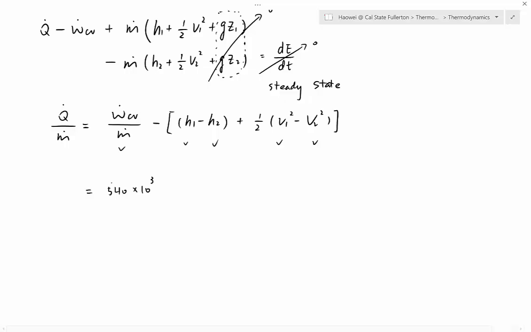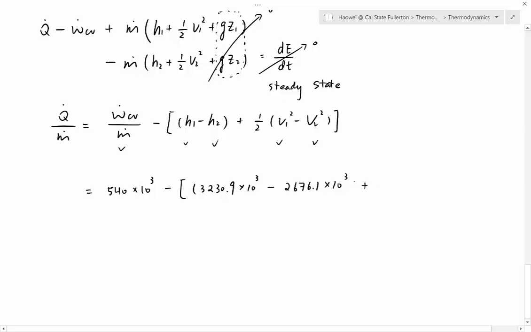Generating work, the work must be positive. Minus H1, H1 is 3230.9 kilojoule per kilogram, so again multiply by 1000. Minus H2, 2676.1 kilojoule per kilogram, again multiply by 1000.